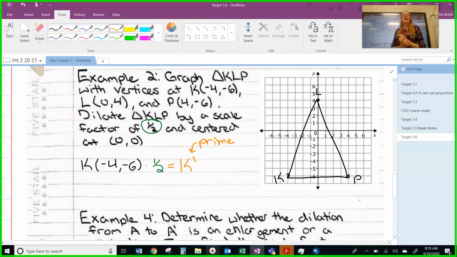So I would call this K prime. And I'm basically multiplying both of these points by 1/2. I kind of think of it as distribution. Not really, but that 1/2 is going to be multiplied by both of your points. So -4 times 1/2 is -2. And -6 times 1/2 is -3. So I can go to (-2, -3). And that's K prime.